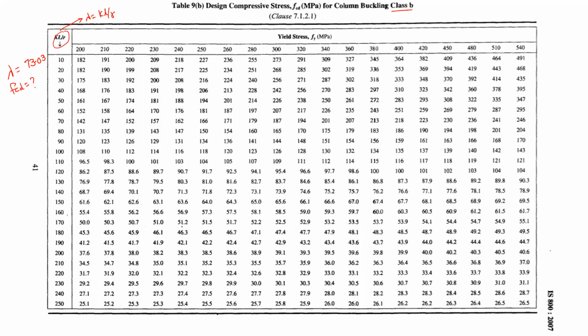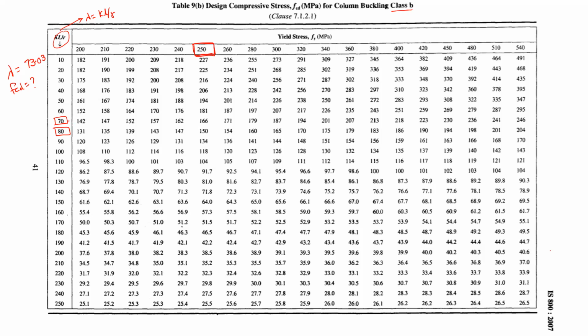Now if you check down here, you don't have the exact value of lambda, that is 73.03. So where exactly does 73.03 lie? It lies in between 70 and 80, right? So what is the value of Fy? It is always fixed, which is 250 megapascals.